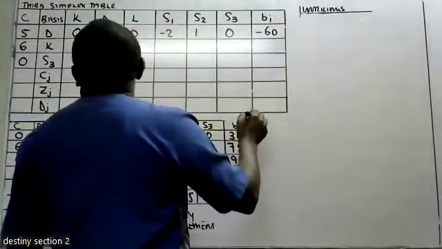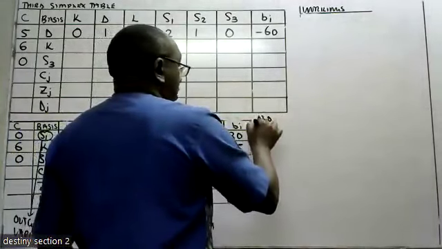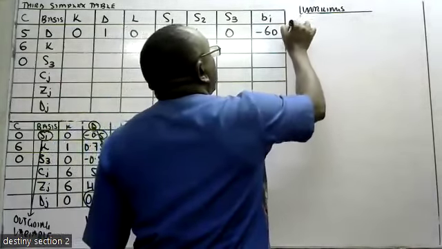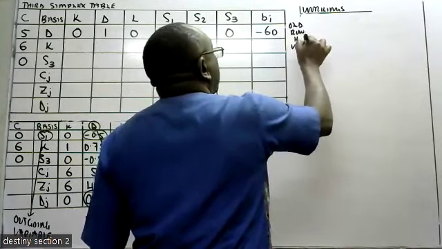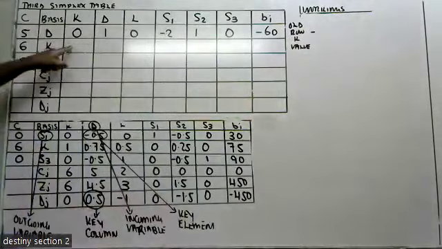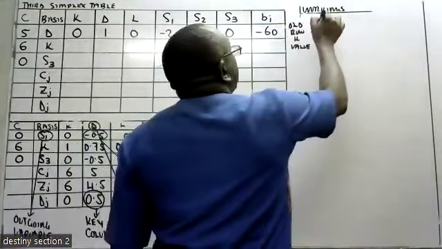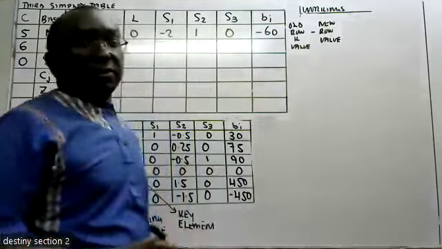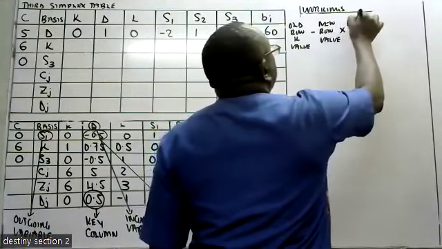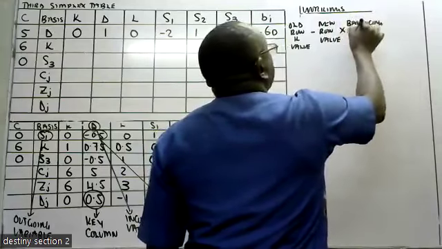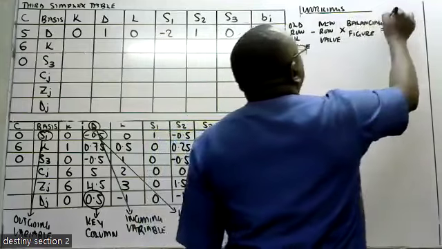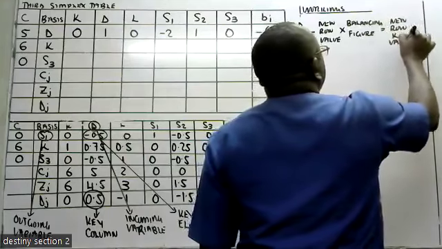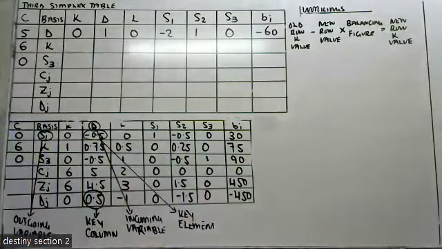So the formula is: old row K value minus new row value times balancing figure is equal to new row K value.